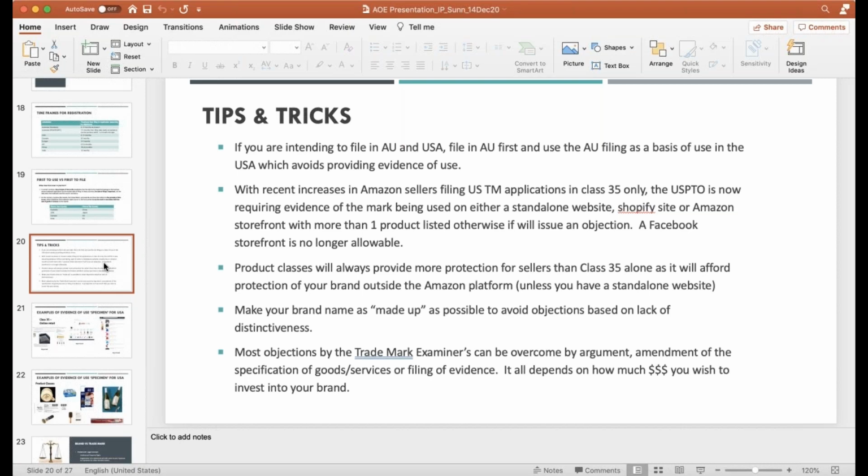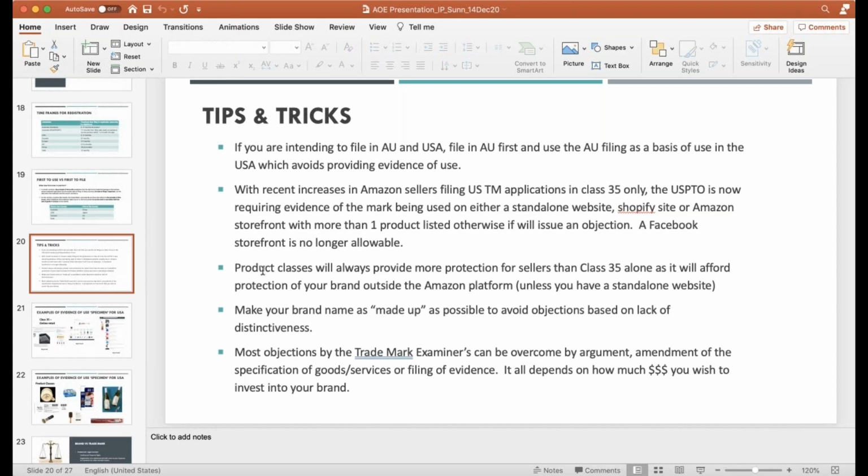The USPTO is now asking for evidence to show either a standalone website, a Shopify site, or an Amazon storefront, but the Amazon storefront has to show more than one product. If it's got just one product, it won't be allowable anymore. And similarly with a Facebook storefront, if you've only got one product. I'll show just photos of evidence in just a sec.